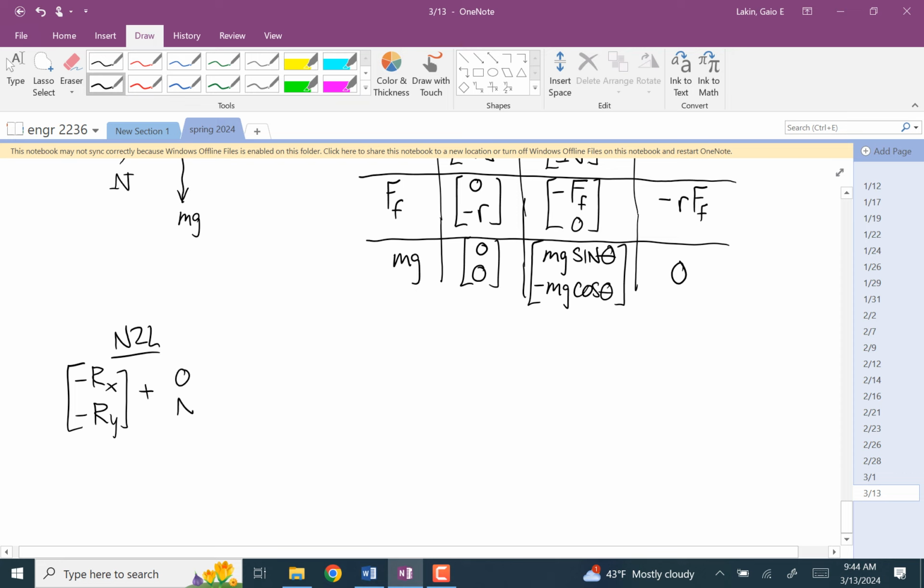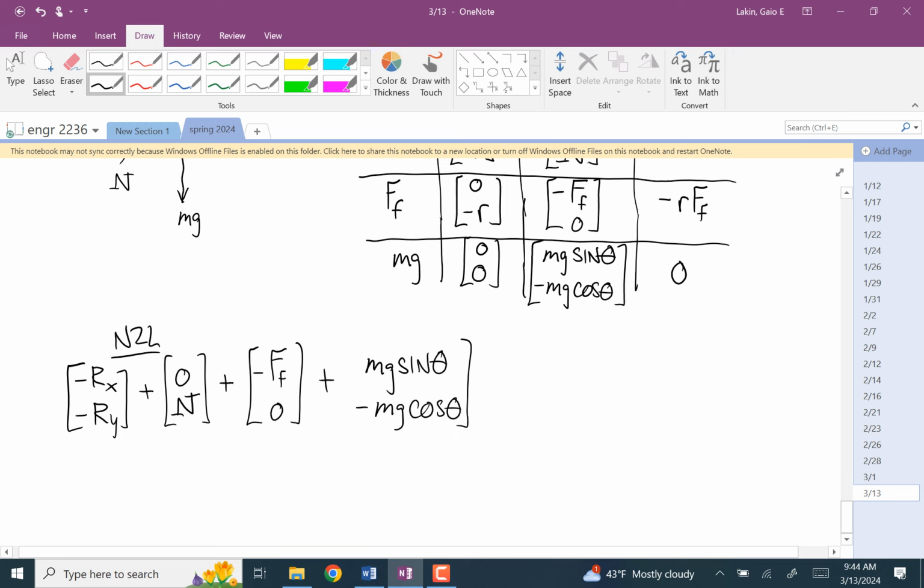Plus 0, N, plus negative Ff, 0, plus mg sine theta, negative mg cosine theta, is equal to the mass of the wheel times the acceleration.